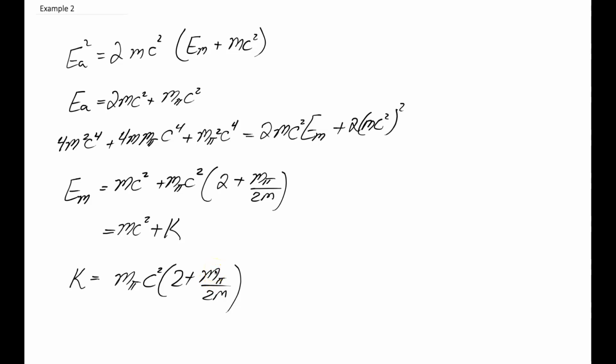And we see that the bombarding proton's kinetic energy K must be somewhat greater than twice the pion rest energy.